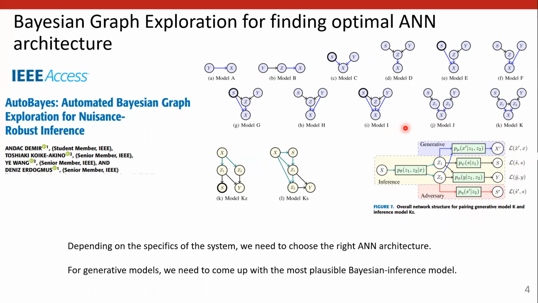Based on certain properties of the problem, you have to choose the right design. For example, in this case, you can choose whether to have this latent variable or nuisance variable or not. And depending on the problem specifics, the optimal design can differ. So we want to explore whether this kind of AutoBayes approach can be useful even for photonic device design.